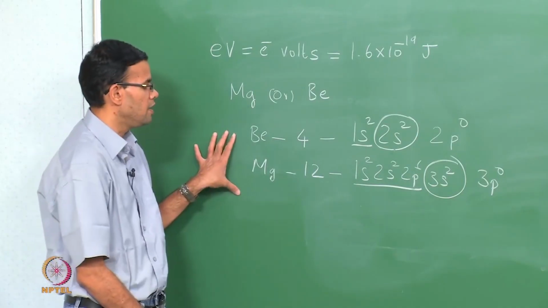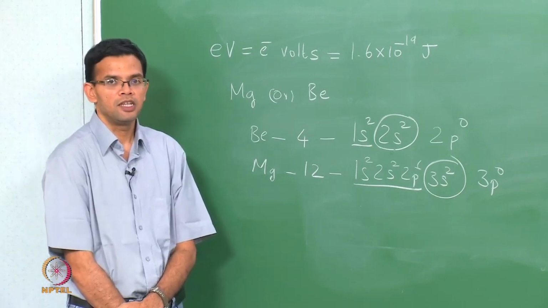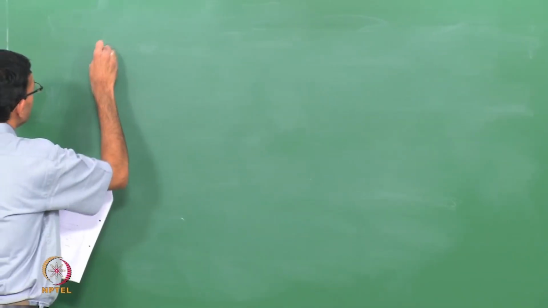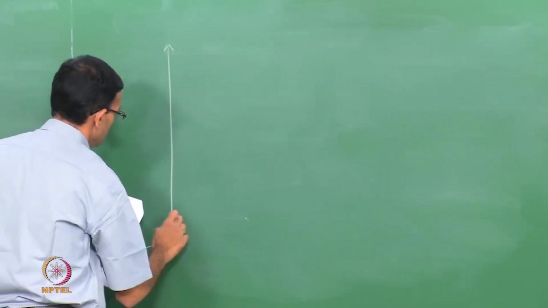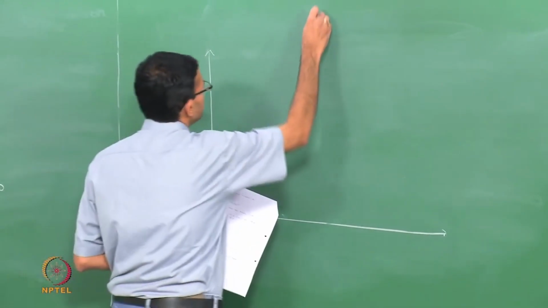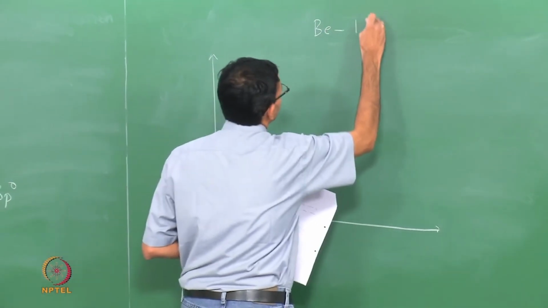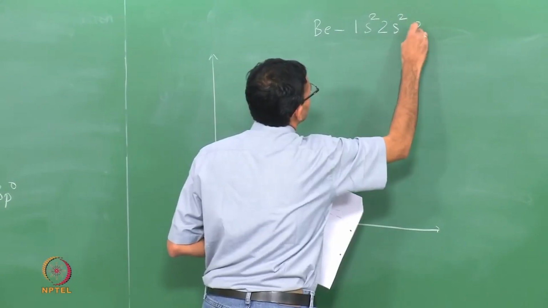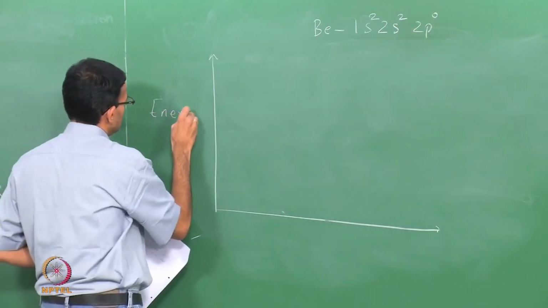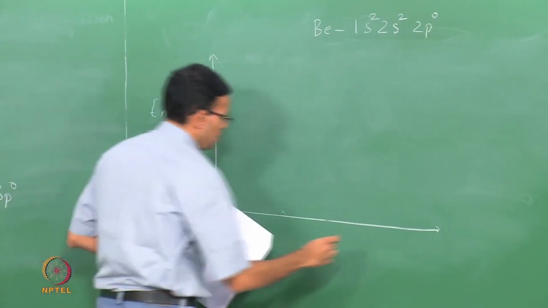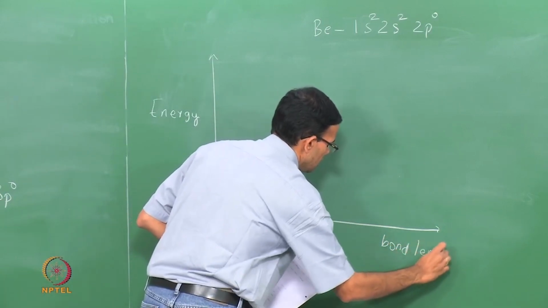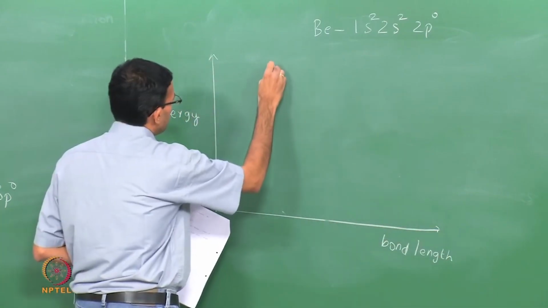So once again, we can show this pictorially using the energy versus the bond distance diagram. Let us use the example for beryllium. You have energy on the y axis and then bond length on the x axis, and we have some equilibrium distance.